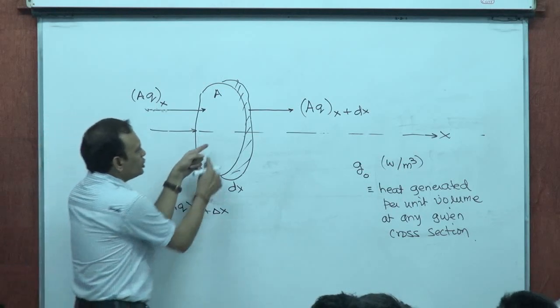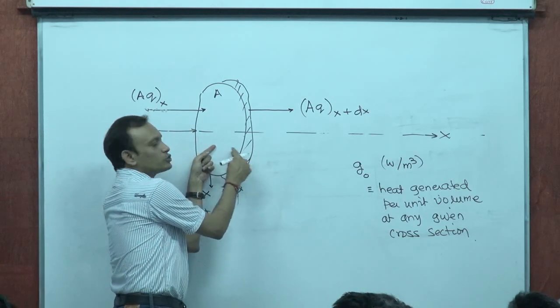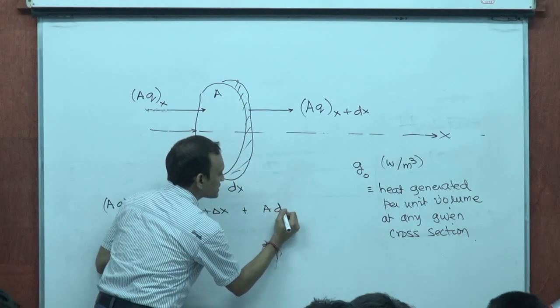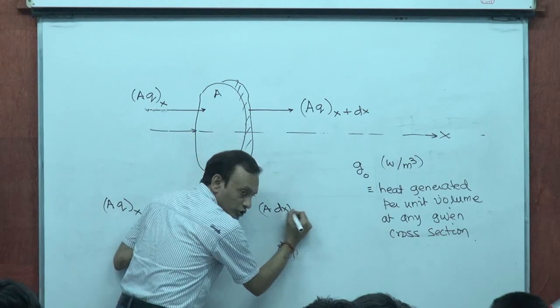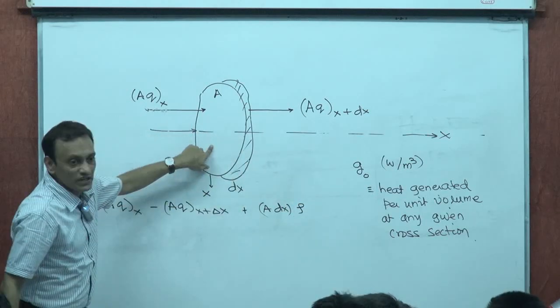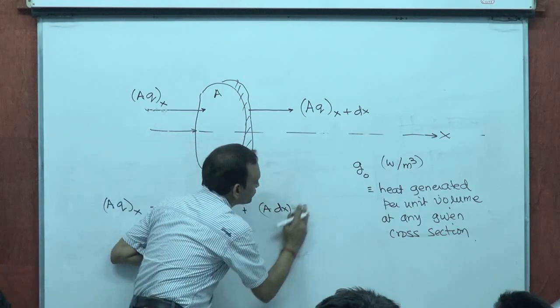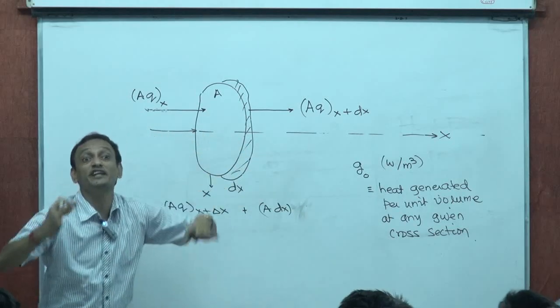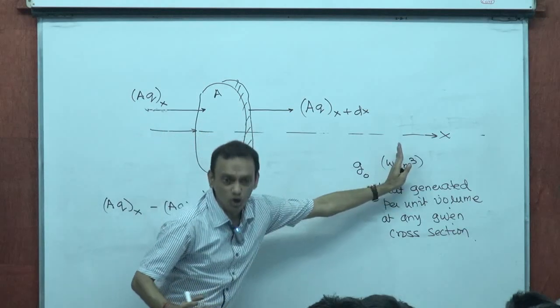Now, the volume of this I can approximate to A into dx. So A into dx is the volume of this cross section. The heat generated would be A into dx into G naught.